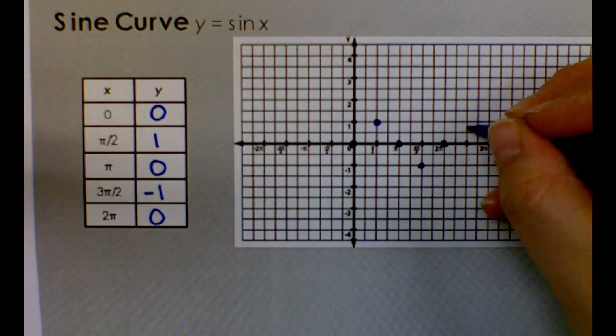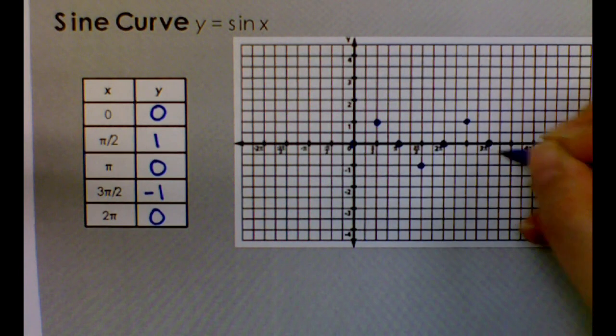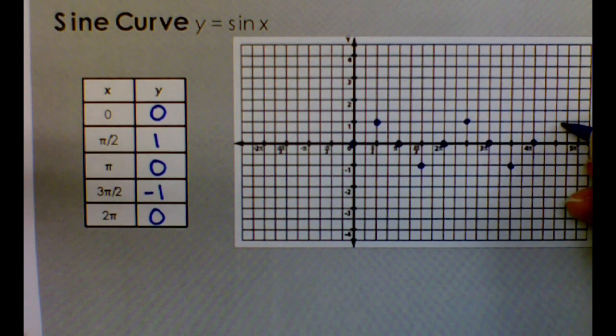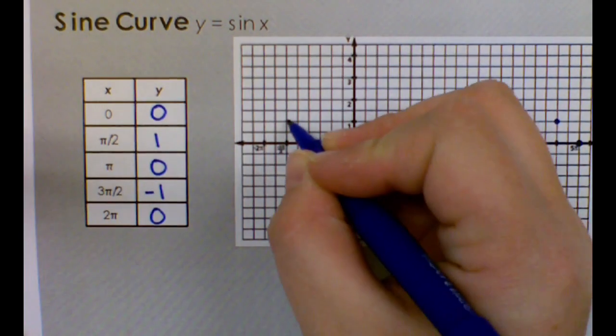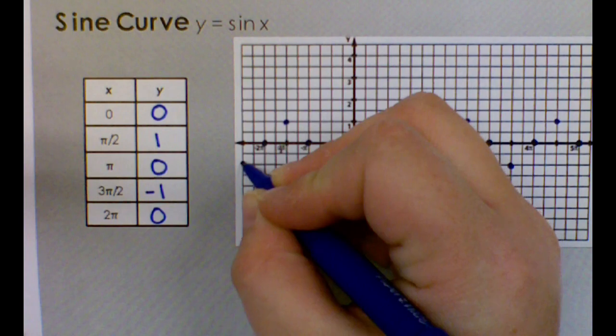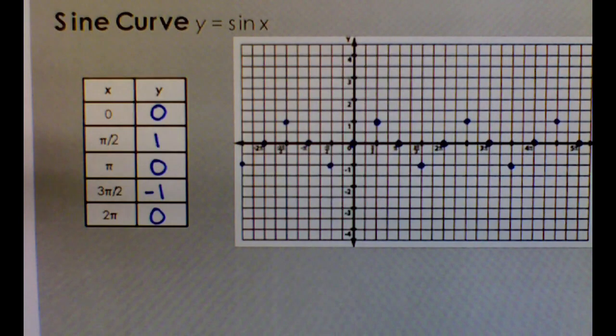which means I go positive 1, 0, negative 1, 0, positive 1, 0. And same thing on the other side, it just follows the pattern. And then also notice that this is a sine curve.